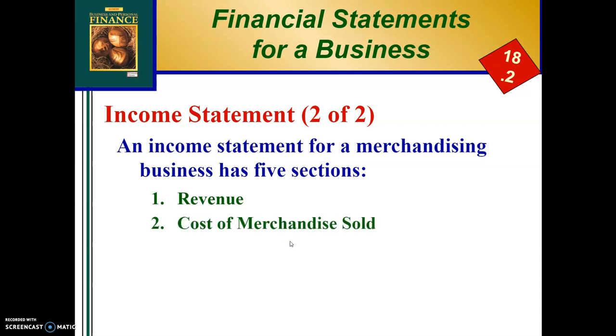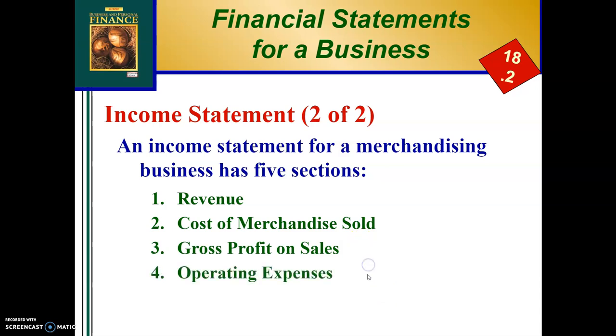There's the cost of merchandise sold, which is the cost to us in order to provide our merchandise to be sold to the customer. There's the gross profit on sales, which is revenue minus cost of goods sold. And then there are also the operating expenses, which is to run our business enterprise in order to make these products and get them to our customer for sale. And then finally, the net income, or in some cases, if our revenues were not high enough, a net loss.